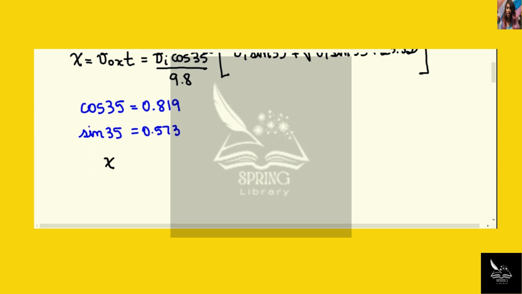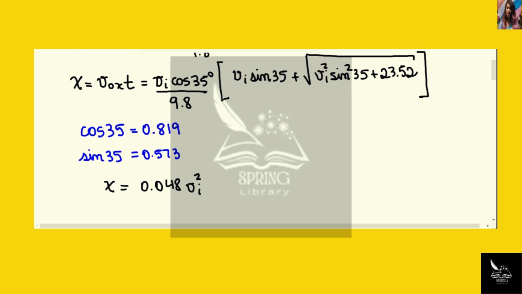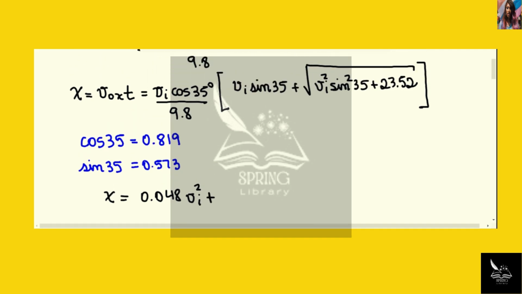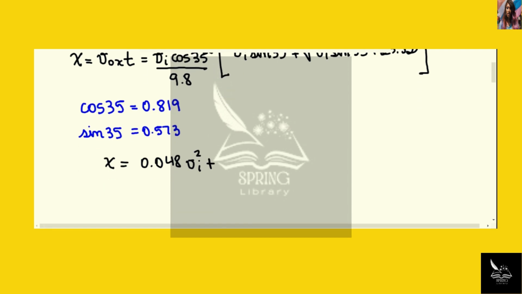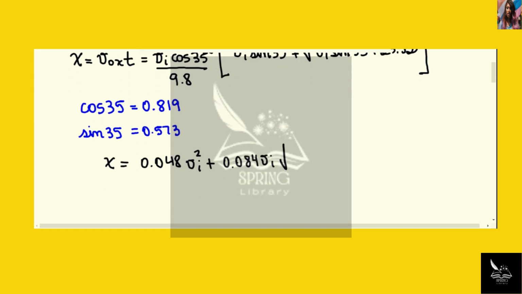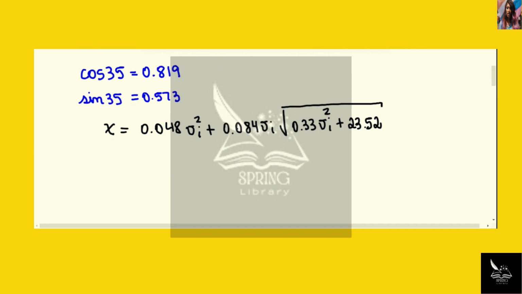So x is equal to, the cosine times the sine divided by 9.8 is 0.048, times vi squared, plus the cosine divided by 9.8, which is 0.084, times vi, times the square root of 0.33 vi squared plus 23.52. And this is the answer to question A.